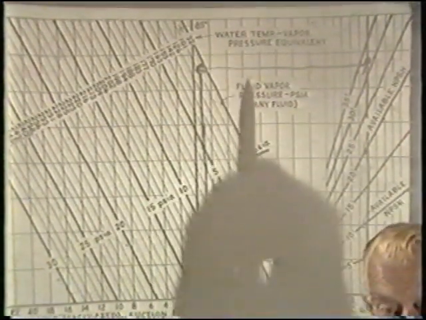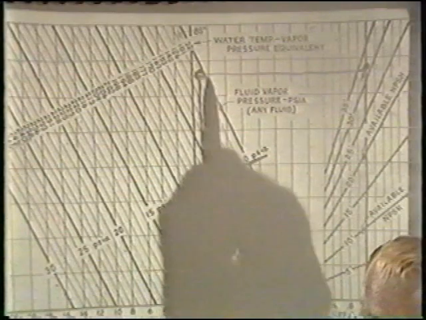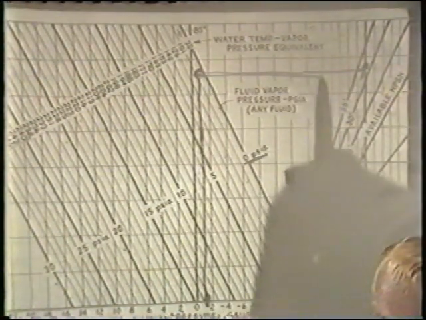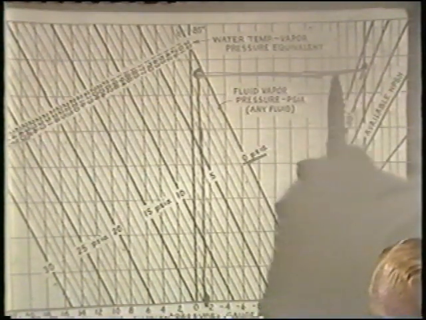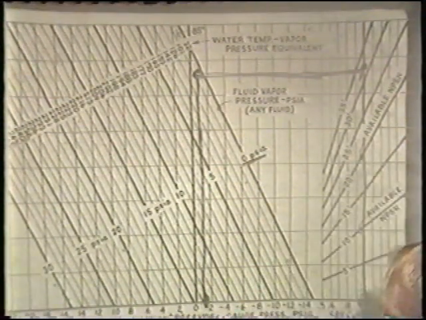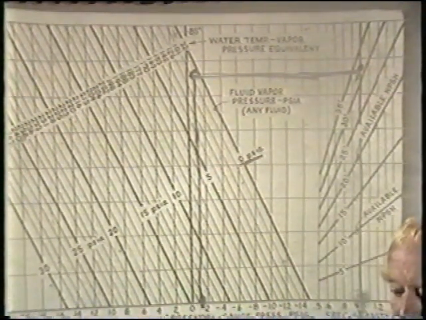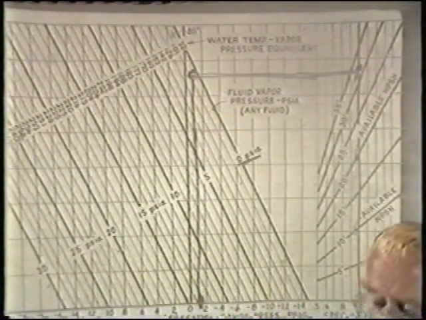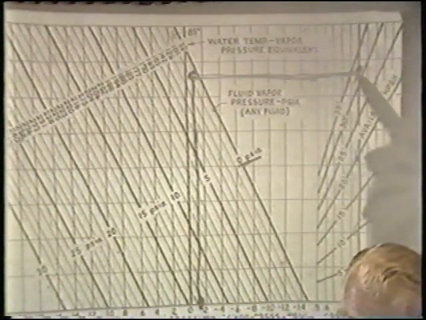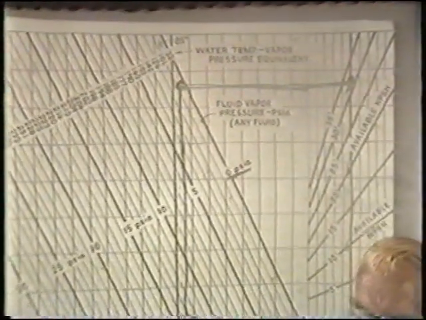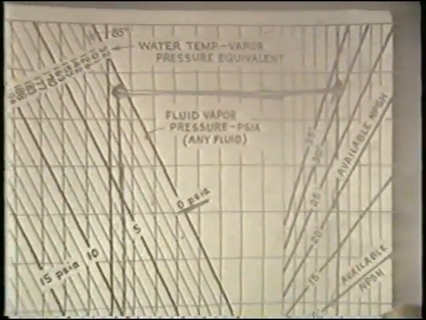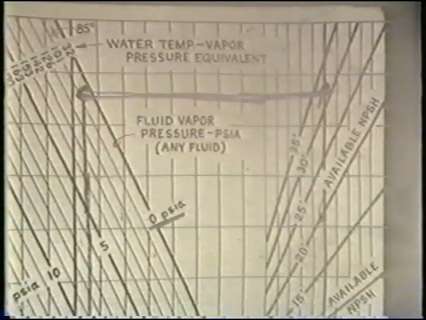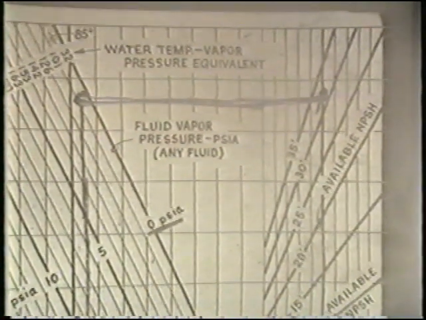We would take that particular point and establish again with a rule a corresponding line horizontally to intersection with the specific gravity of the liquid being pumped. In this case, we would find that we would have an available NPSH of slightly over 30 feet.